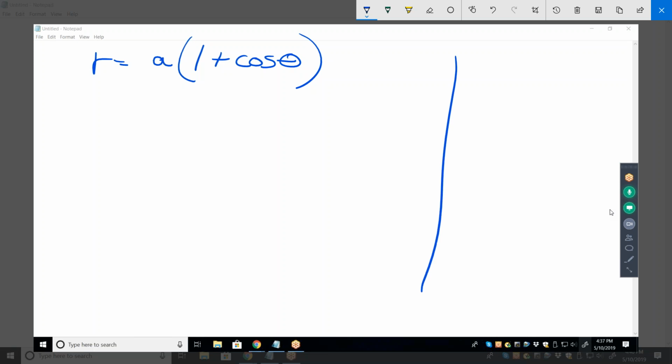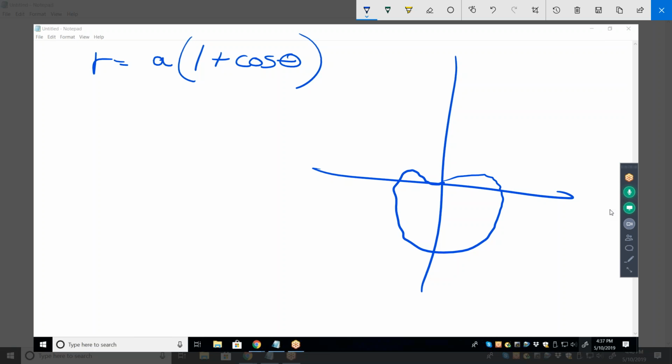As you can imagine, one of them is going to look like this, and rotate that 90 degrees to get your other three.